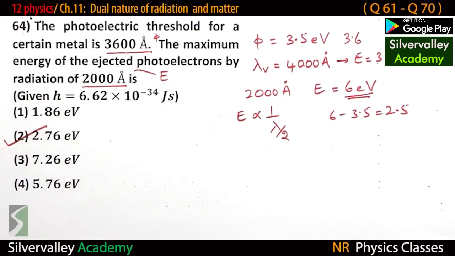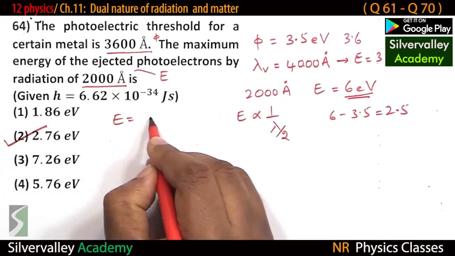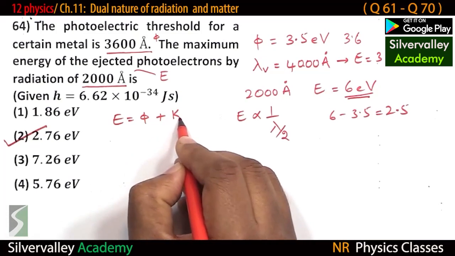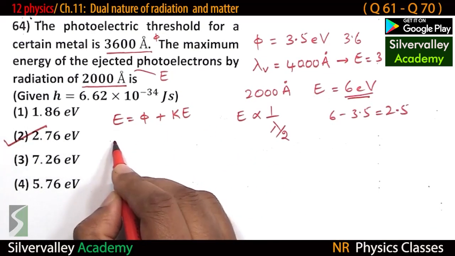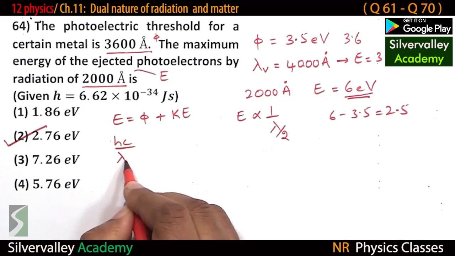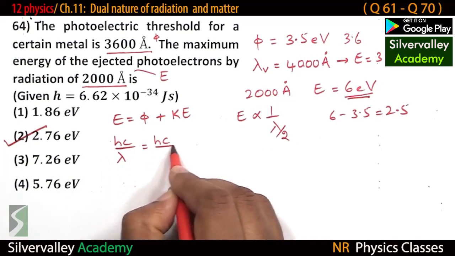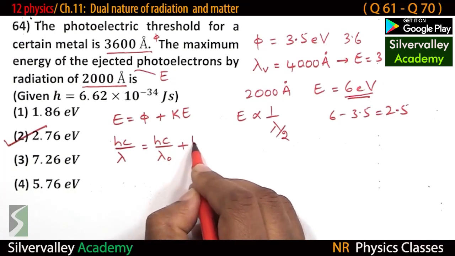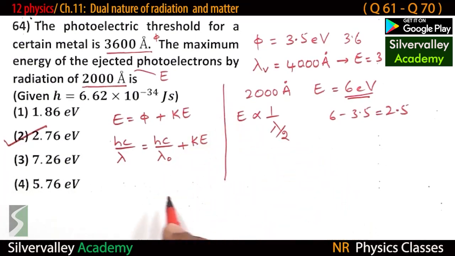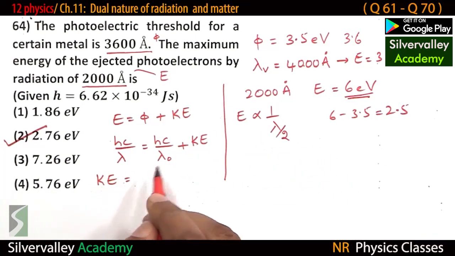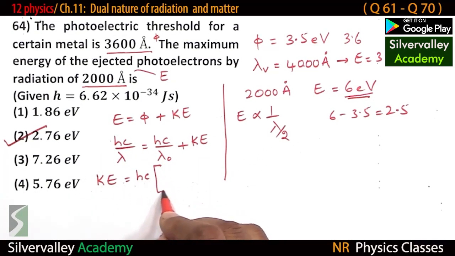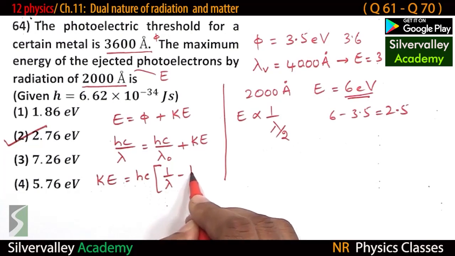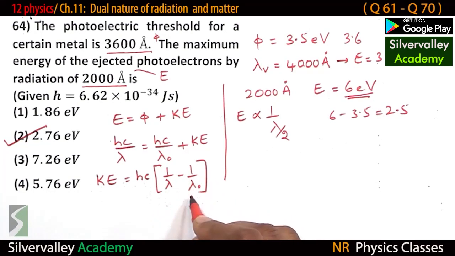Which is the regular method? E equal to work function plus kinetic energy. Then this is hc by lambda, equal to hc by lambda naught plus kinetic energy. Then kinetic energy equal to, bring this to the other side, take hc common factor, 1 by lambda minus 1 by lambda naught.